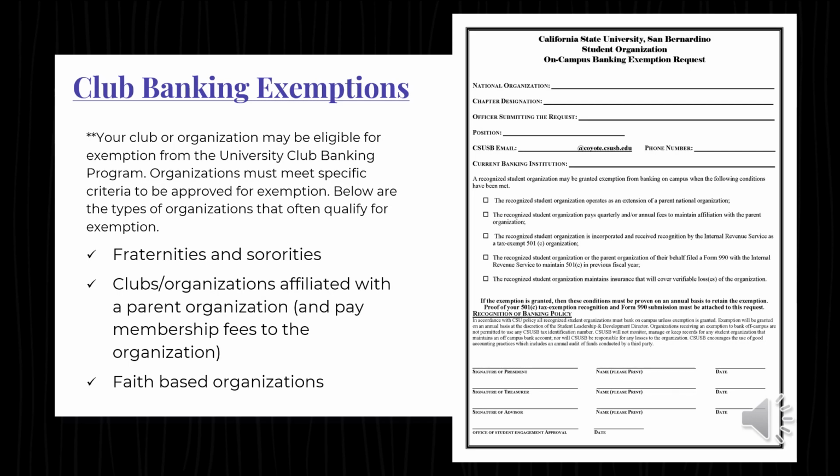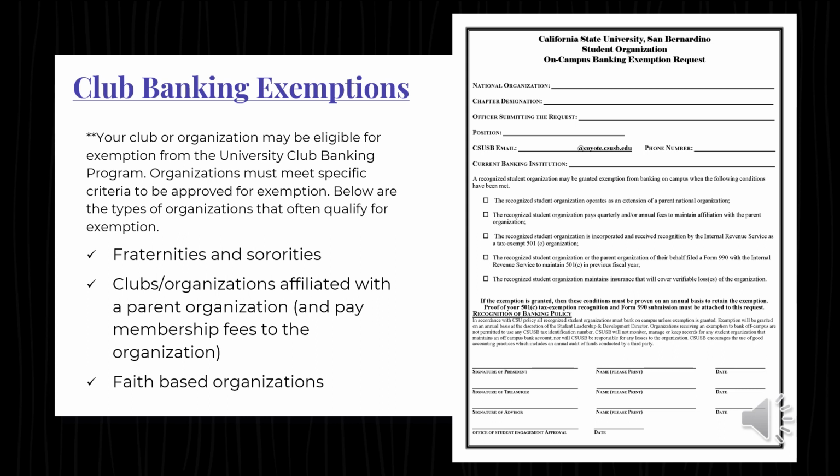I would like to mention that a very small number of CSUSB student clubs and organizations qualify for an on-campus banking program exemption. If you are a fraternity or sorority, your club or organization is affiliated with a parent or national umbrella organization, and you pay organization membership dues, or your club or organization is affiliated with a faith-based organization, please review the University Club Banking Exemption Form.